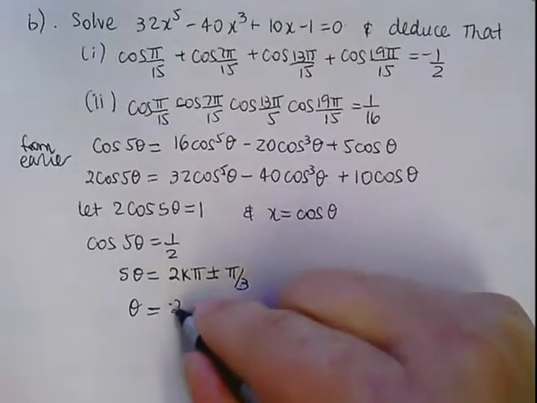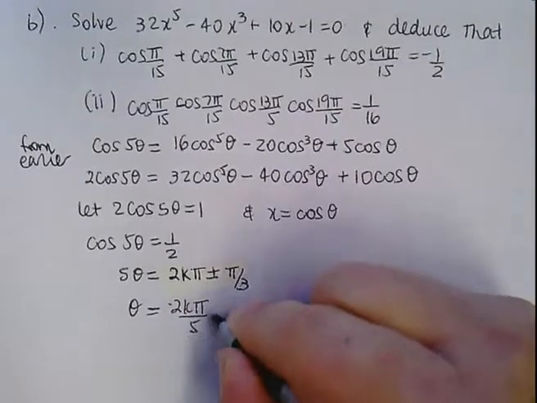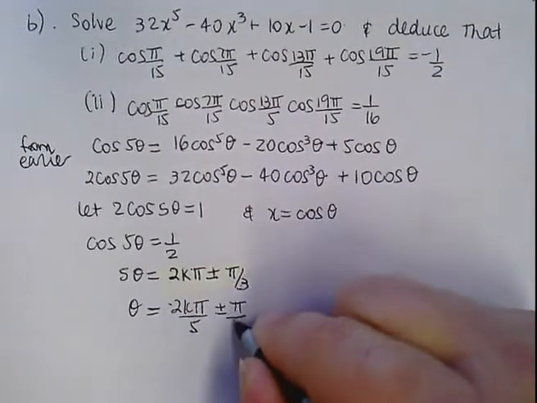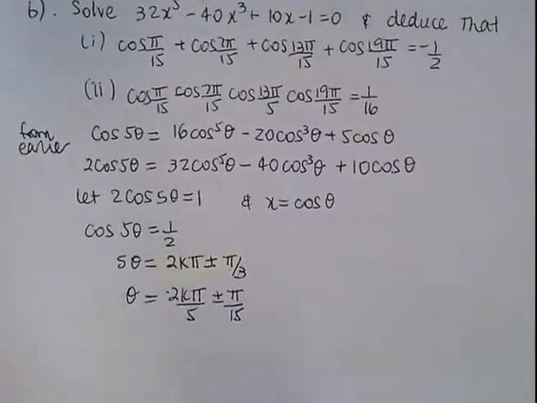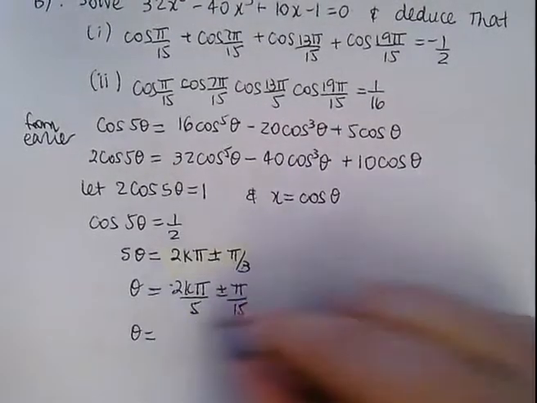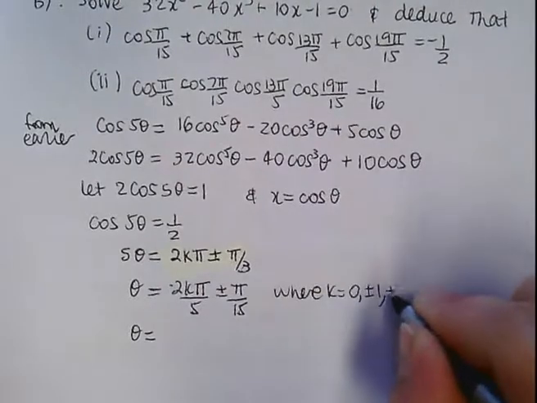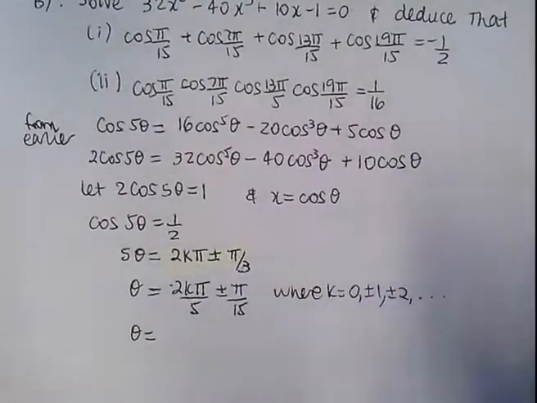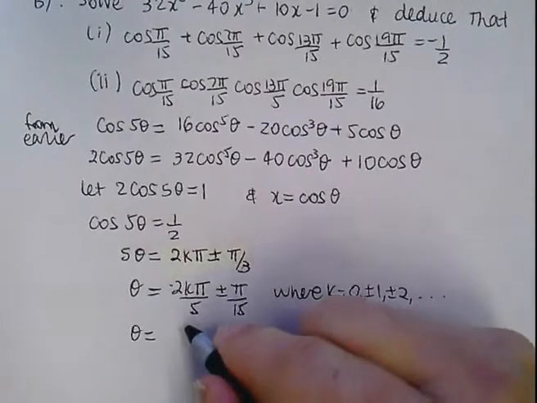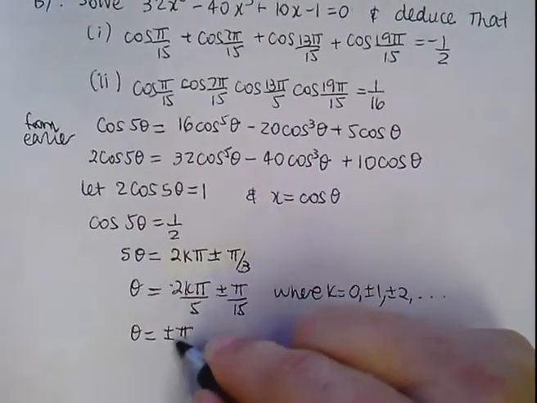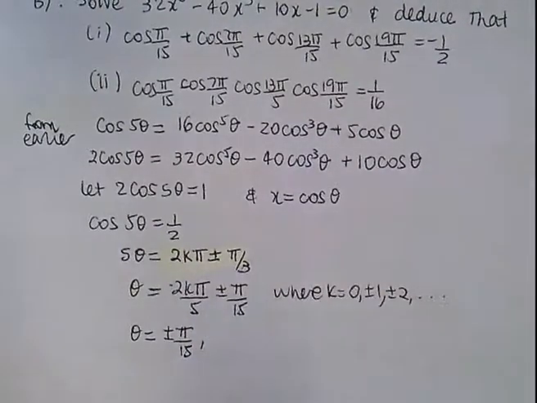So therefore θ equals 2kπ on 5 plus or minus π on 15, where k equals 0, plus or minus 1, plus or minus 2 and so on. So when k is 0, we've got plus or minus π on 15.